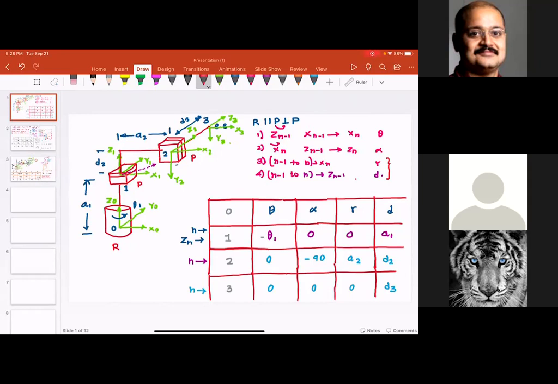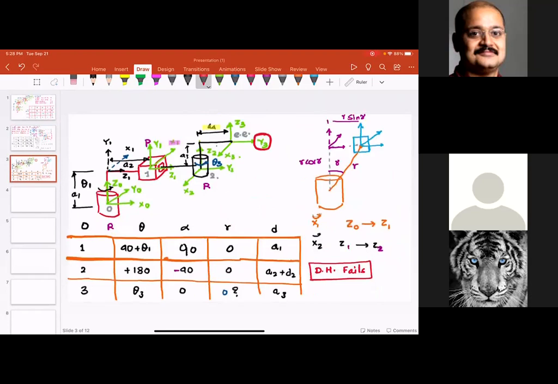And in this particular case, yes, you can align it, but consider the case when you have a robot arm which is inclined, and this robot arm does not have a projection, or the projection is not on X or Z axis. Then your DH parameter technique will not work.